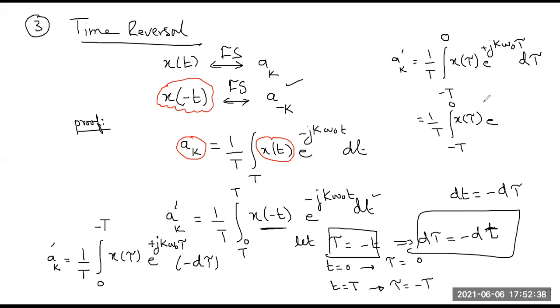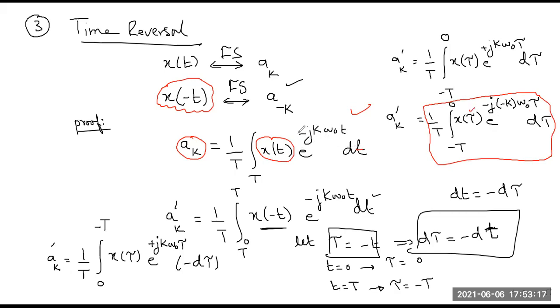So I can write this result as e power minus j, minus k omega naught tau. If you look at this expression, it is exactly this expression. Of course, it doesn't matter if you represent the variable by t or tau. So x of tau and x of t, there is no difference; we just changed the variable.